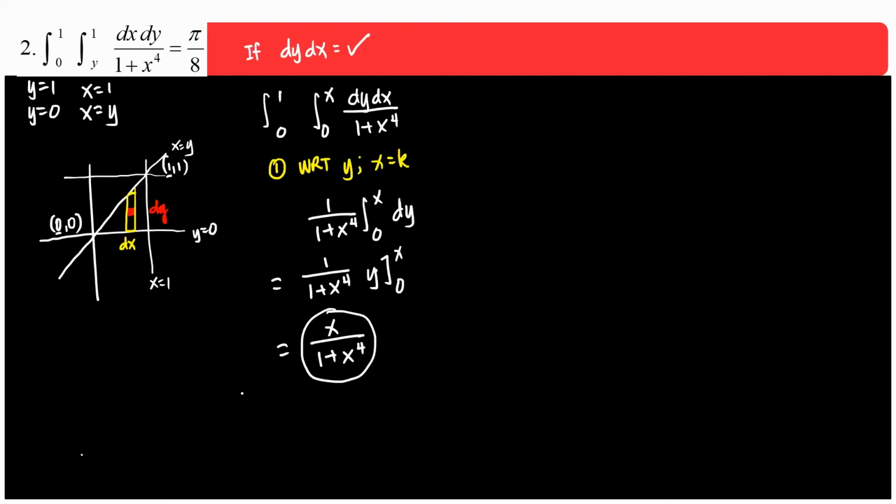Now, let's try to do the second portion, which is with respect to x. When we rewrite this, this becomes the integral from 0 to 1 of x over 1 plus x to the 4 dx. So as it is, when we look at it, let's try first ln. If it's ln, we need to have an x cubed on top.